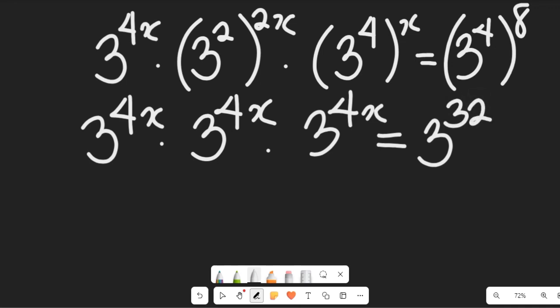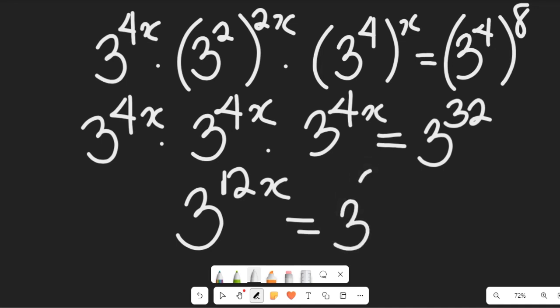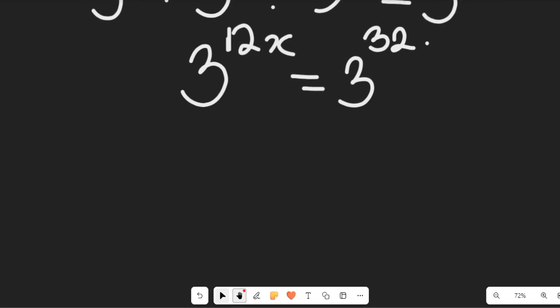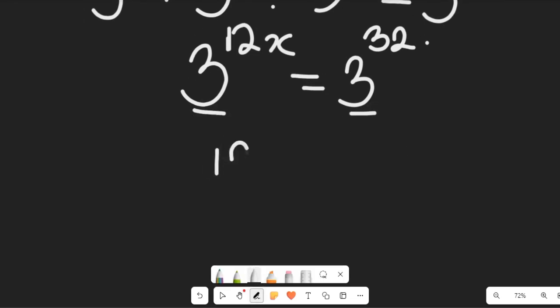Good. So adding up, comparing the law of indices, 4x plus 4x plus 4x is going to give us what? 12x, equal to 3 to the power of 32. Having the same base, we equate the exponents. So we'll have 12x equal to 32.